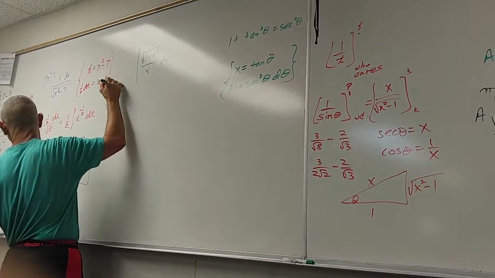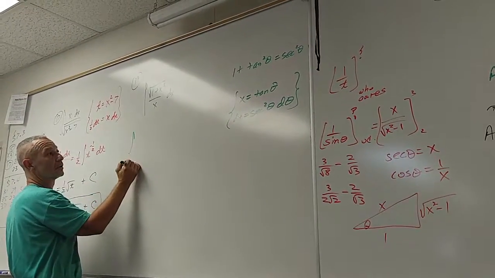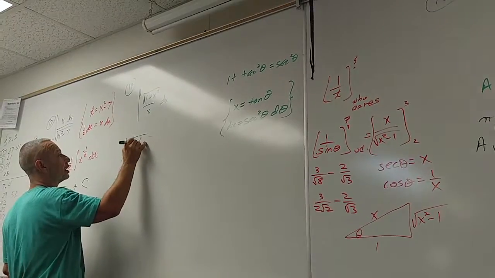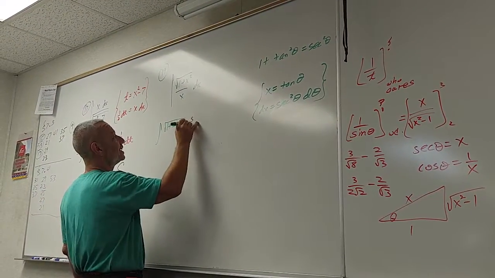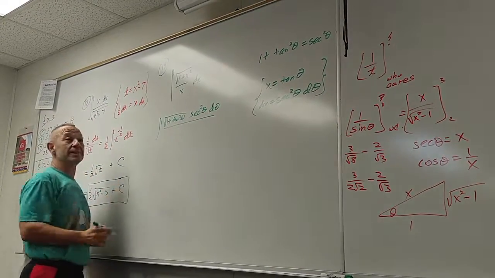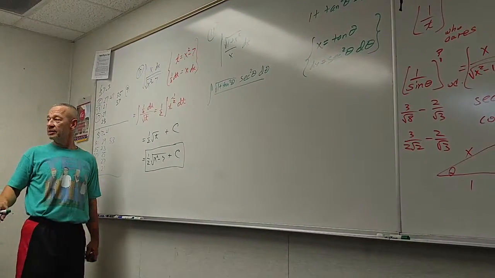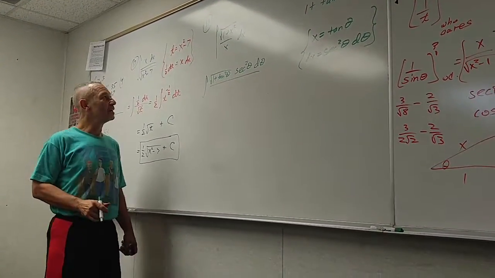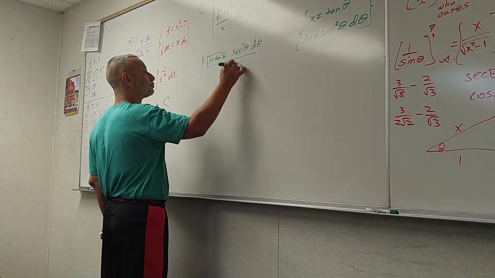This is number 19. So integral square root 1 plus tan squared theta, dx is secant squared theta d theta. The dx is always in the numerator, isn't it? Whether they write it that way or not. And then x in the denominator is tan theta.